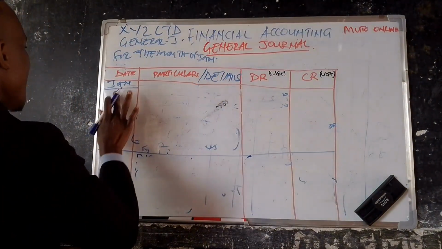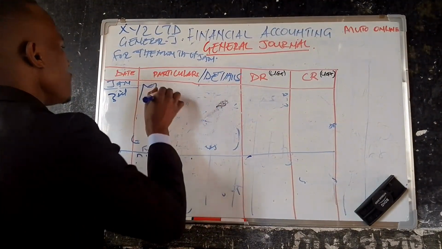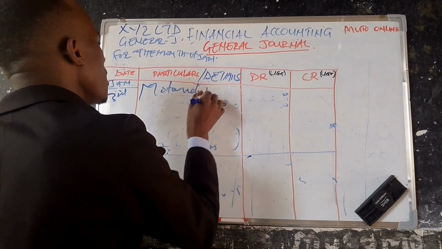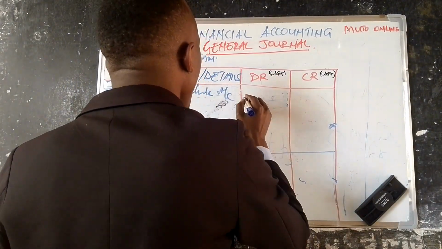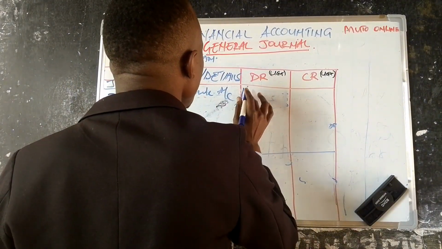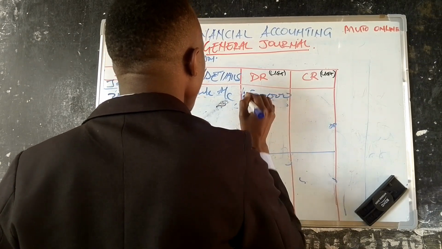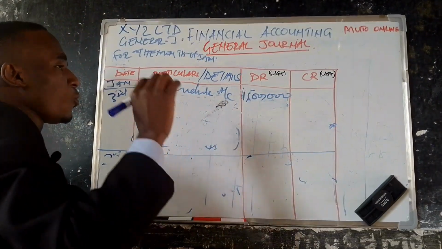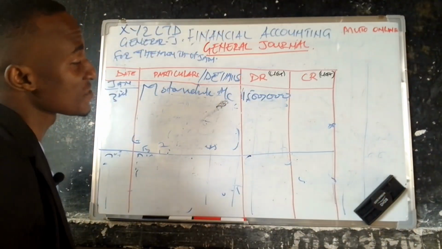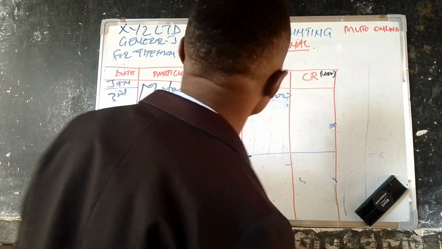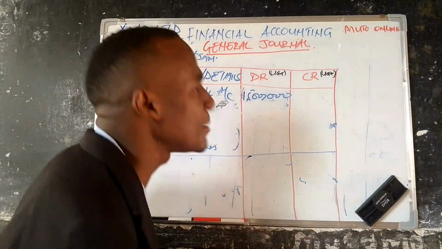Here, on 3rd January, the motor vehicle account is going to be debited by 1.5 million. Remember, don't abbreviate the monetary value because this is a financial account, the process of recording financial transactions in monetary terms.